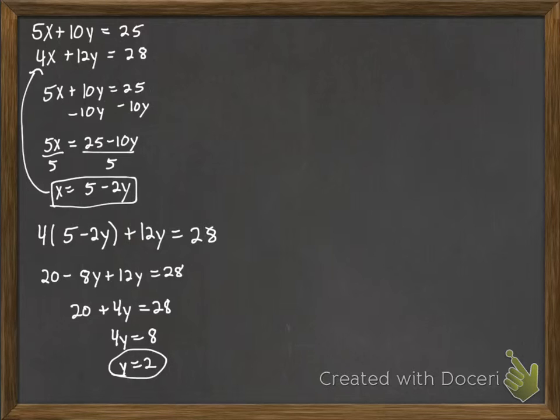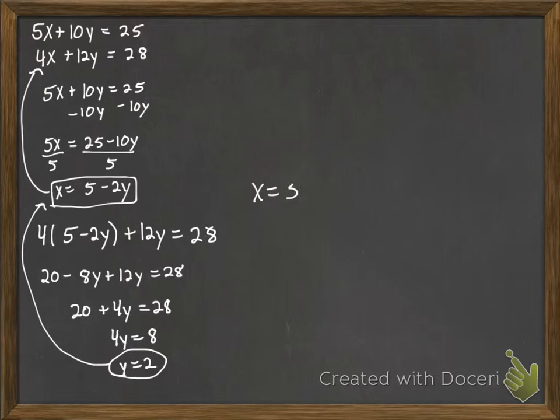So now we know what y is. At this point we can take that y equals 2 and plug it into either of our starting equations, but when we're doing substitution it's usually easiest to plug it into the equation that we solved. So we replace y with 2.